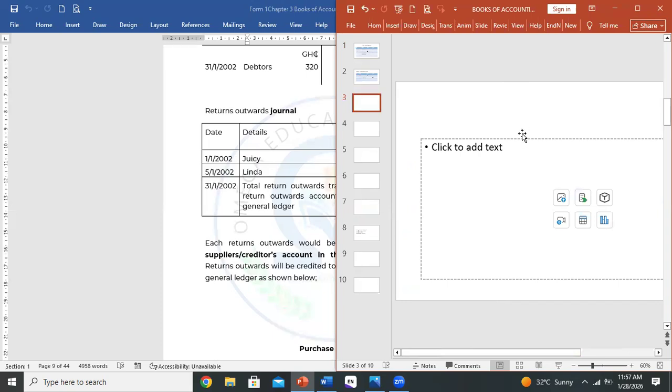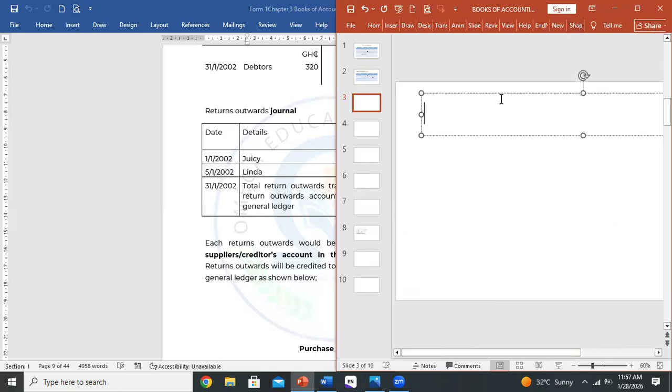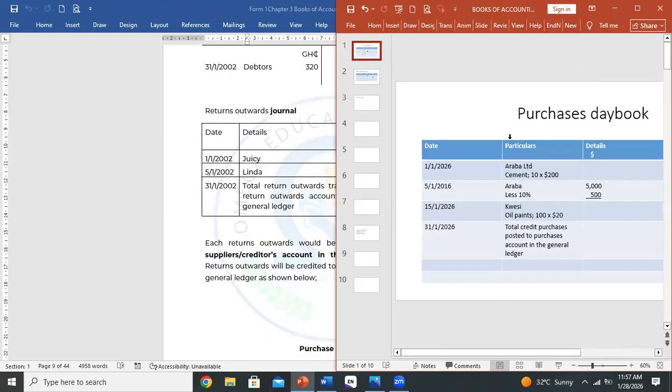So you just indicate your heading, purchases ledger, and then under that you open accounts for Araba Limited, Araba and Kwesi.